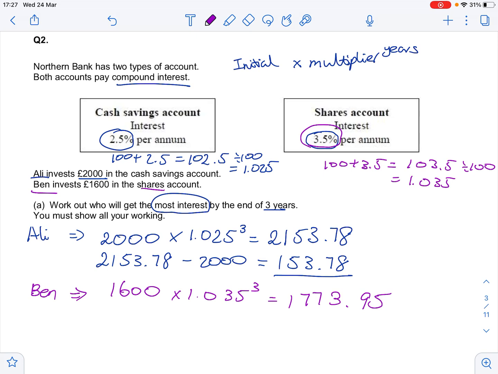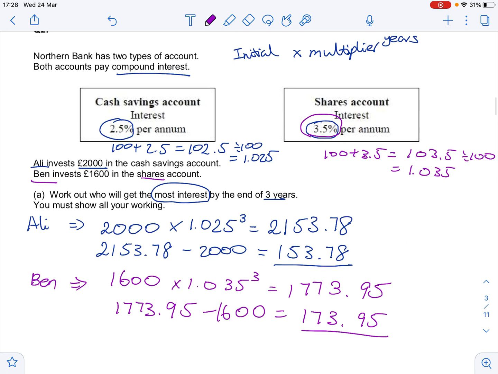So how much interest will Ben get? This is his final amount minus his initial amount. So he will have 173.95 pounds in interest. Therefore, who gets the most interest? Ben will get the most interest.